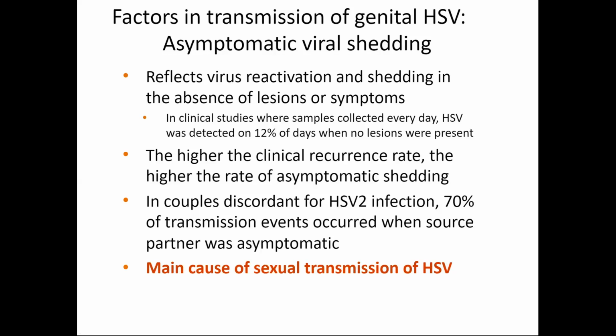The higher the clinical recurrence rate, the higher the rate of asymptomatic shedding. And in couples who are discordant for HSV-2 infection, 72% of subsequent transmission events occurred when the source partner was asymptomatic. For these reasons, this is considered the main factor in sexual transmission of HSV.